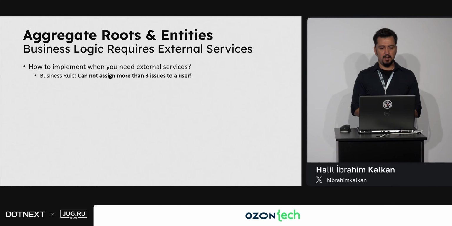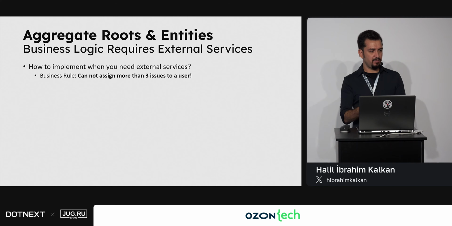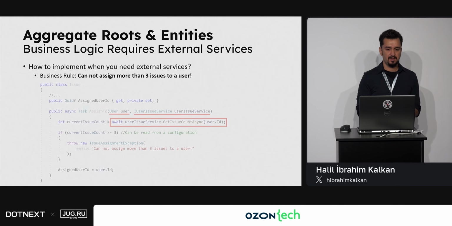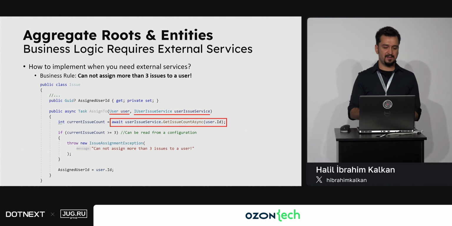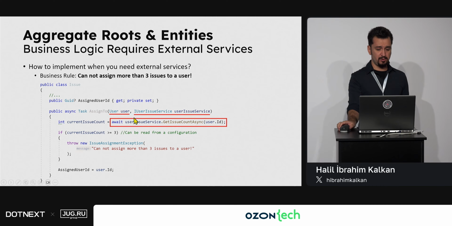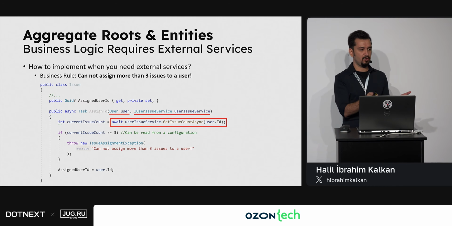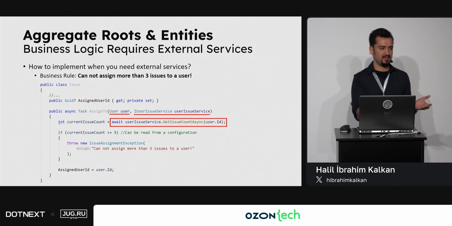Okay, we can implement very simple business rules, but what if our business rules require a query from the database or depend on external services? For example, when I want to assign an issue to a user, I need to check if the user has more than 3 assigned issues. If someone has more than 3 issues, I don't want to assign. This is a business rule.